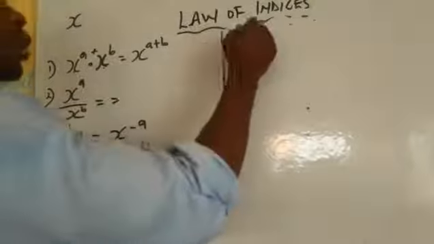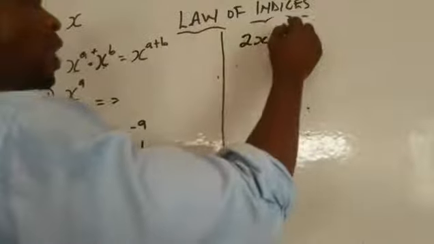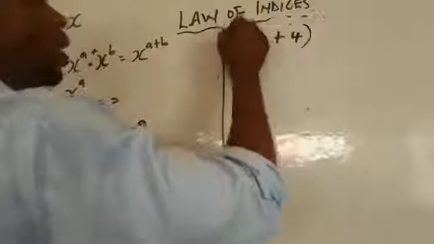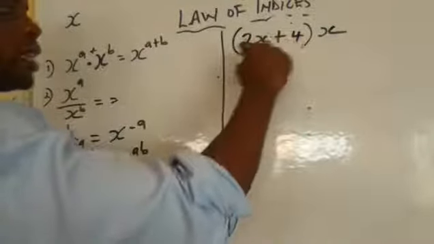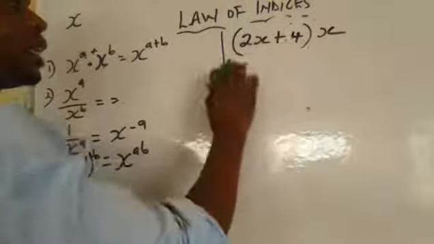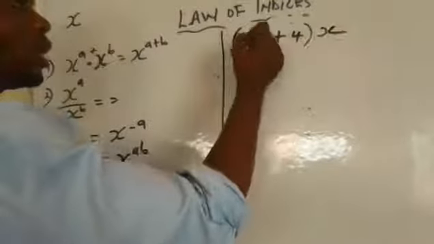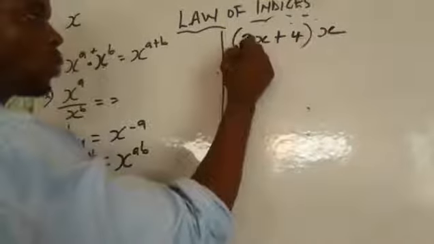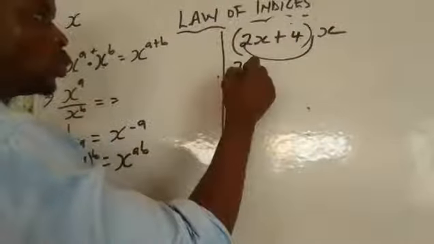Now look at this example: 2x plus 4, in brackets, times x. I want to use this x to multiply the two values here. So I'm using 2x times x. The coefficient here is 2, and the coefficient here is 1, so 2 times 1 gives me 2.